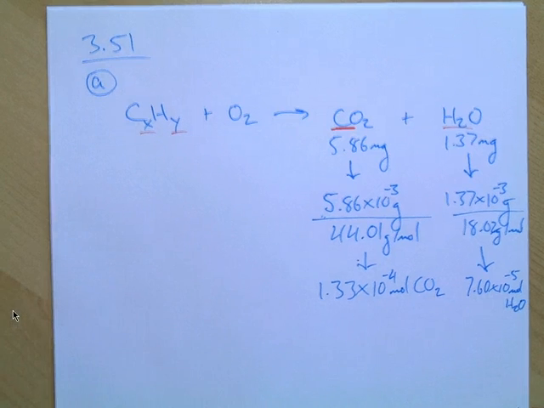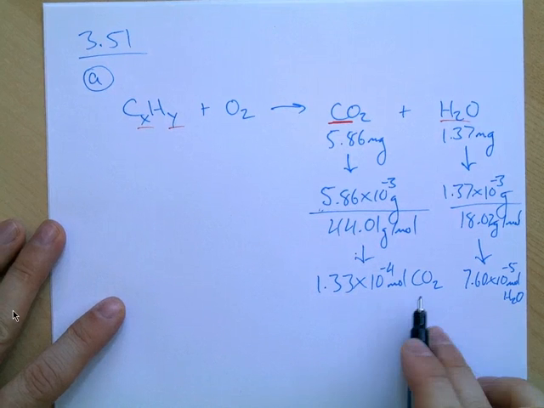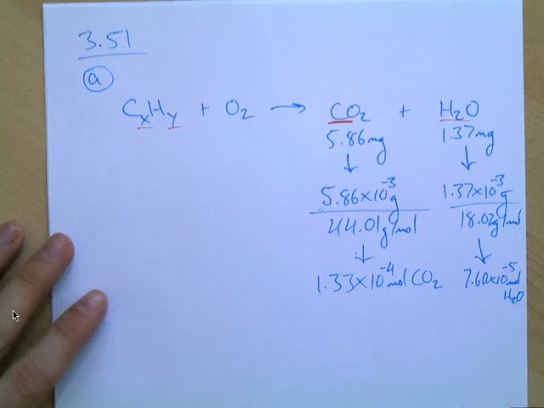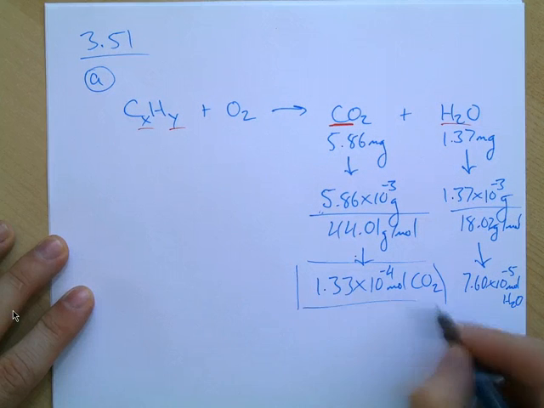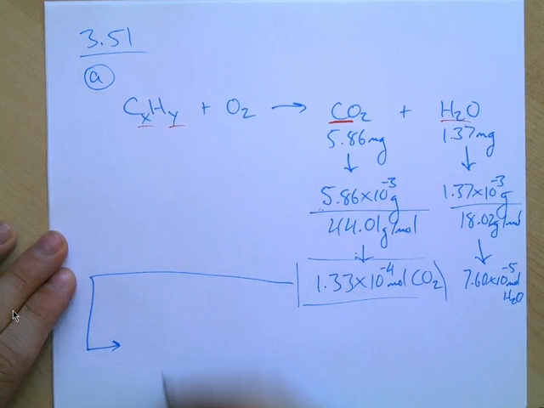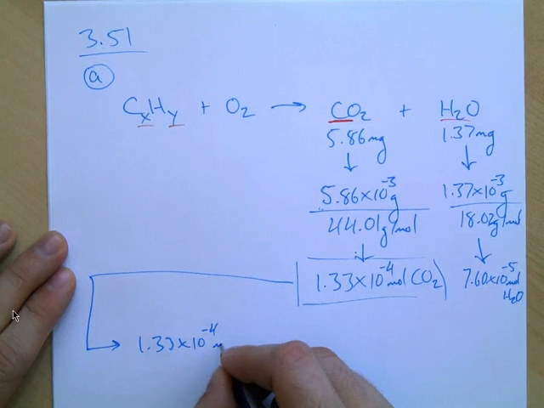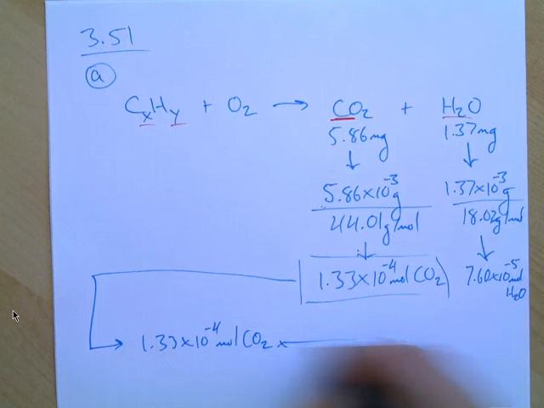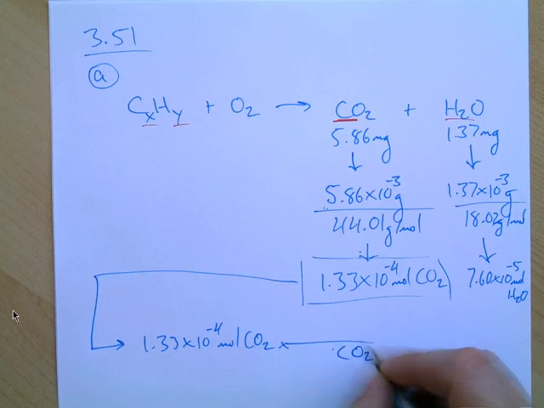Now, for carbon dioxide, when I'm paying attention to it, notice that there's one carbon for every carbon dioxide molecule. I can think of it like this. I'm actually going to take this information and rewrite it out over here. 1.33 times 10 to the negative fourth moles of carbon dioxide. And using a mole to mole ratio, I can show that for every CO2 I have one carbon.